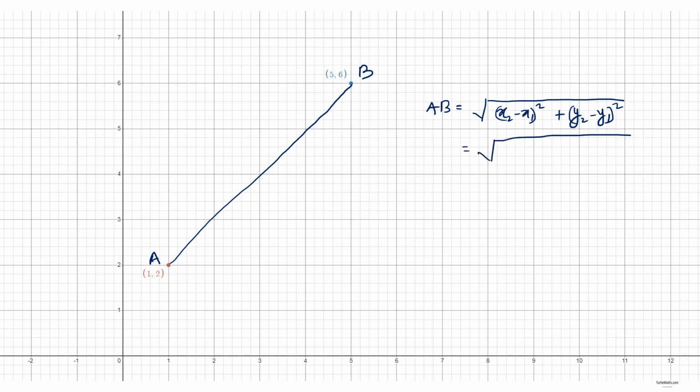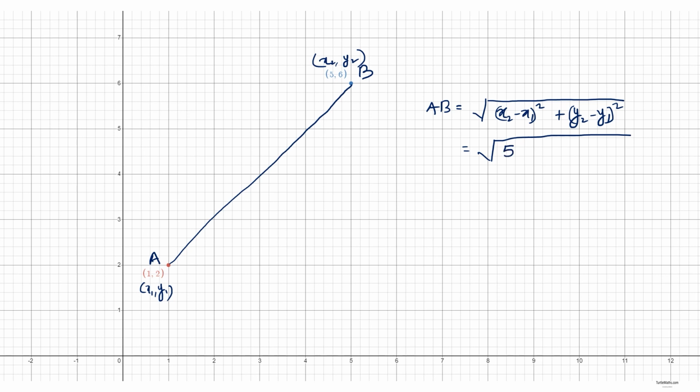Let's call this (5, 6) as (x2, y2), and the point (1, 2), let's assume that they are my x1 and y1. So in order to substitute the values of x1, y1, x2 and y2, let's do it.